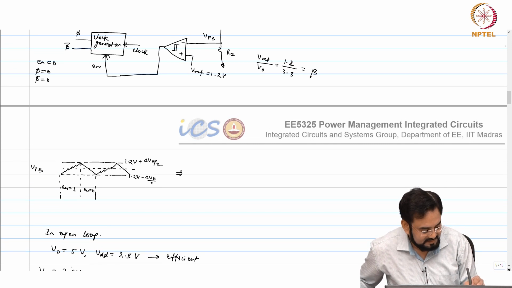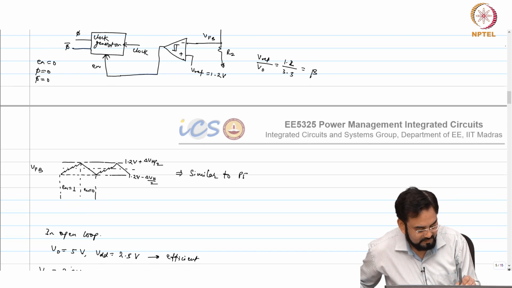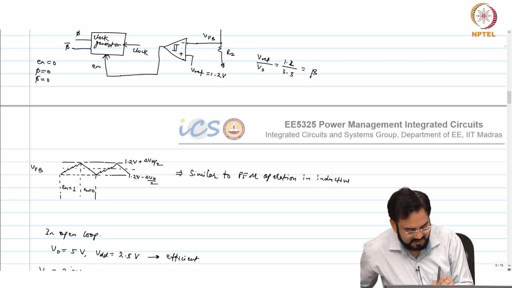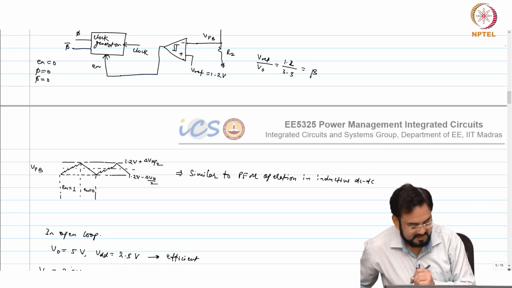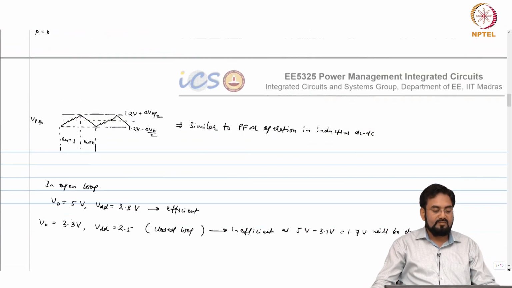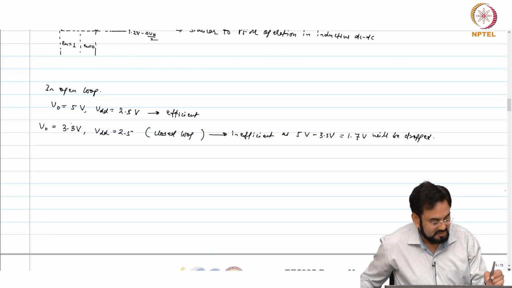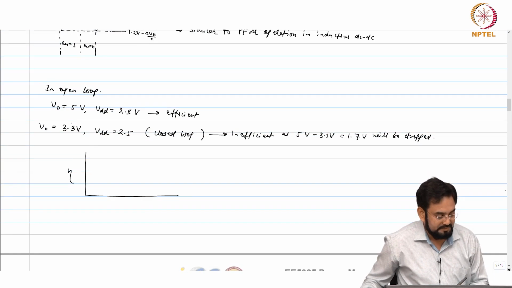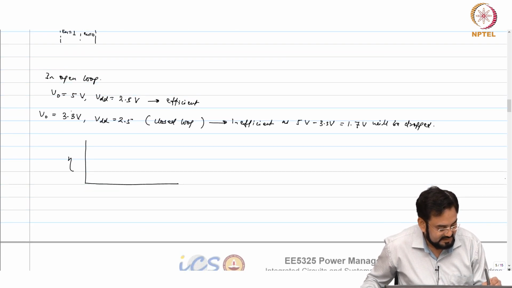So, you can say it is similar to PFM in an inductive converter. Which means if I want to plot the efficiency curve, let us say this is VDD.